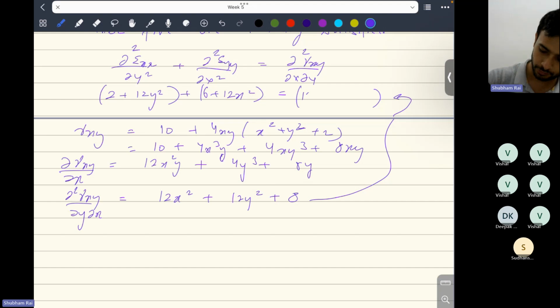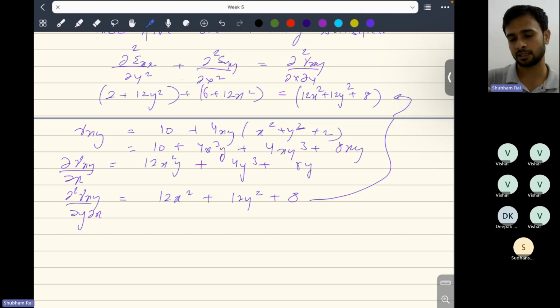So this will be 12x² plus 12y² plus 8. This is equal to the left-hand side, because this is 12y² plus 12x² plus 8. Hence these given strains satisfy the strain compatibility conditions, so these strains are possible.